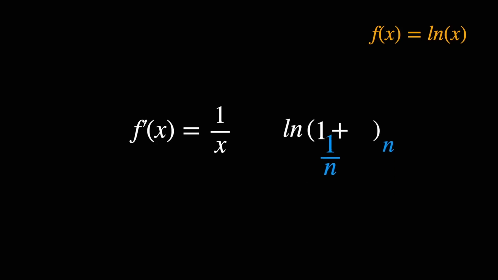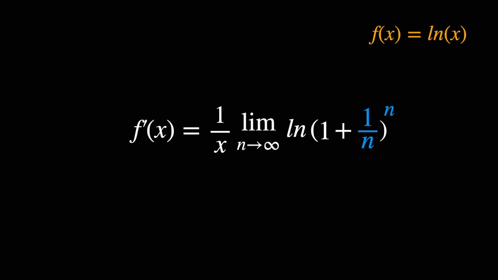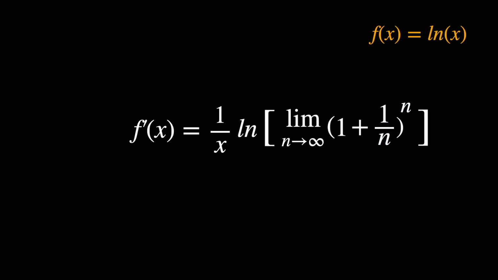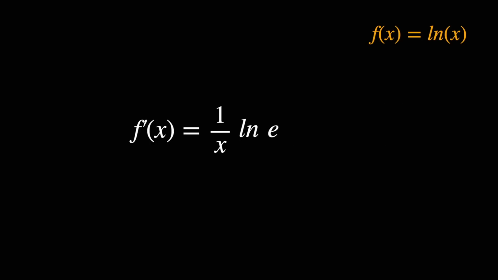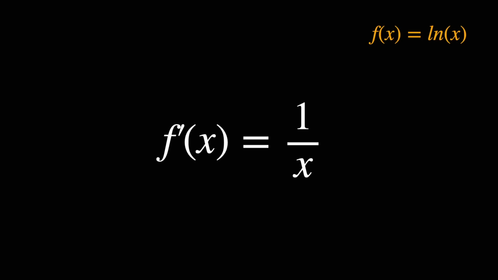Subbing these in, I get an even more recognizable form. The limit of the log is equal to the log of the limit, so I can put the limit inside the natural log. And now I get an expression that everyone should recognize. This is the definition of e. So we get the natural log of e, which is 1. And now we know our derivative is 1 over x.